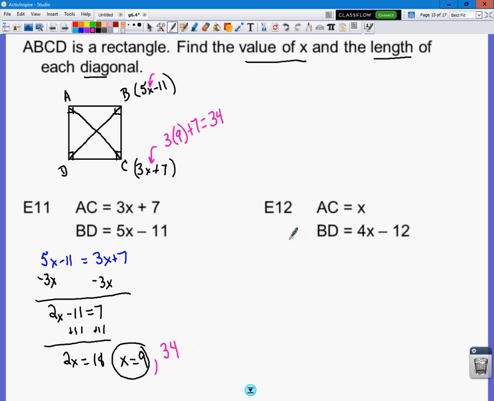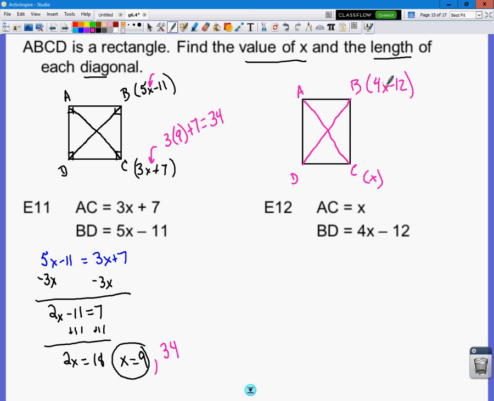Example 12 is exactly the same type of problem. First thing I'm going to do is draw what? I'm going to draw a rectangle. They said from A to C was x. They said from B to D was 4x minus 12.